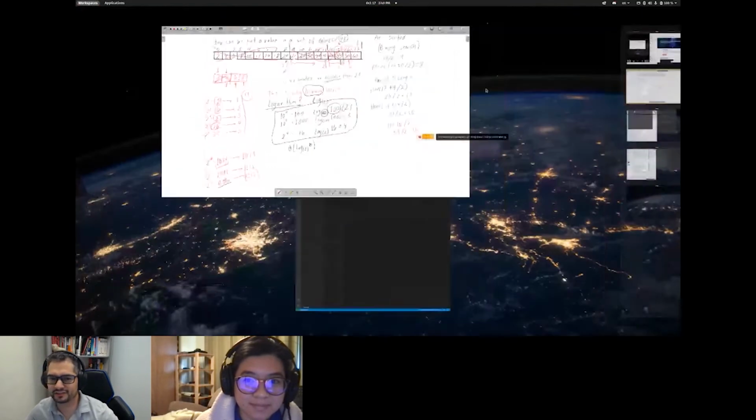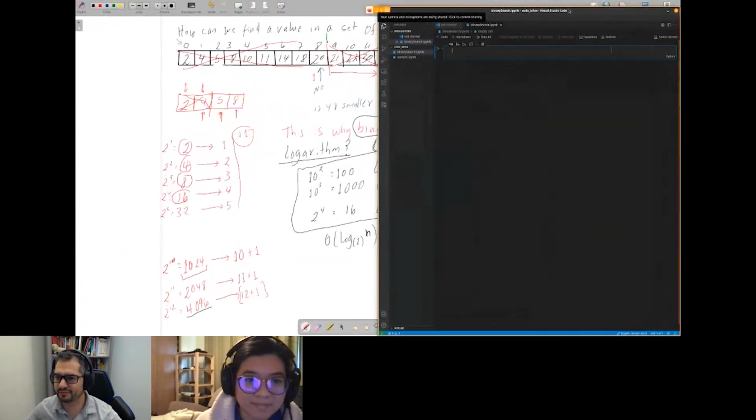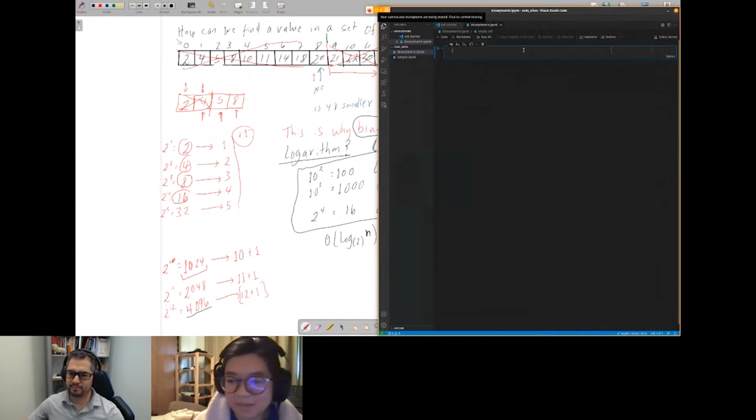So anyways, I'll just leave it there in the background. That works really well, the whiteboard. So we are going to implement a binary search in Python because I haven't really looked for how to do it in Java yet, but I promise I will do it.